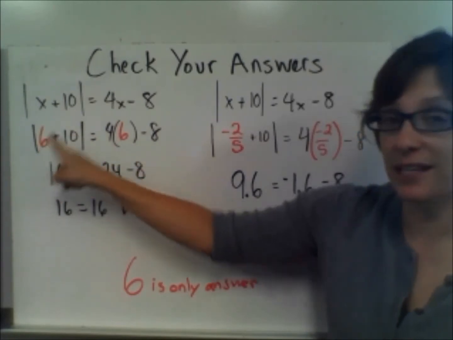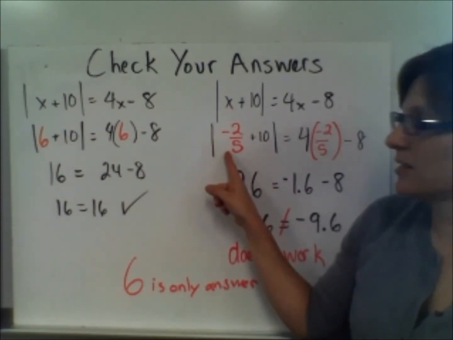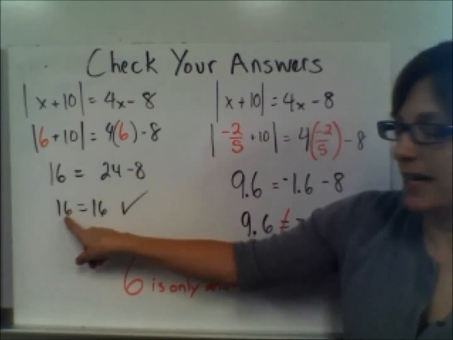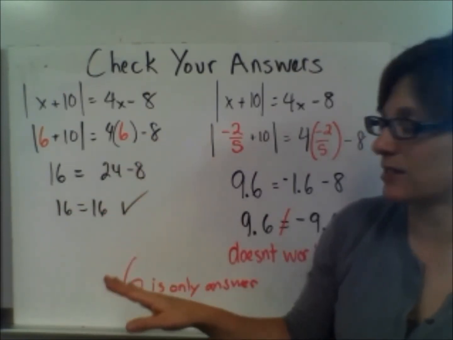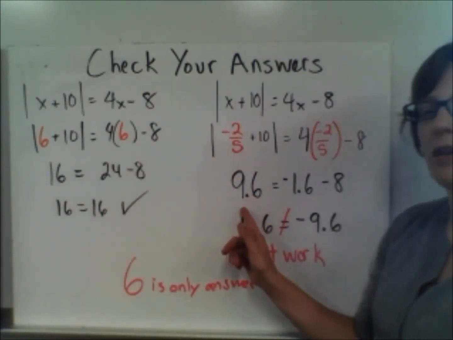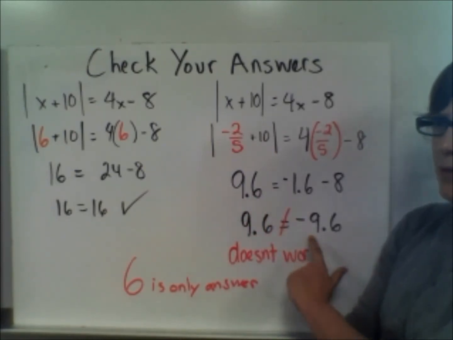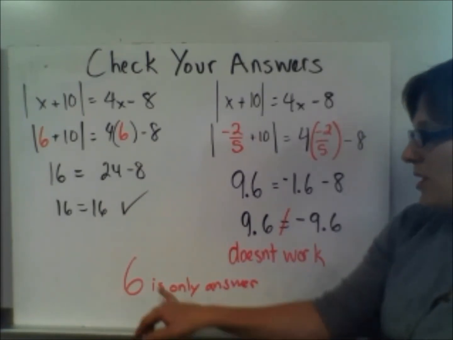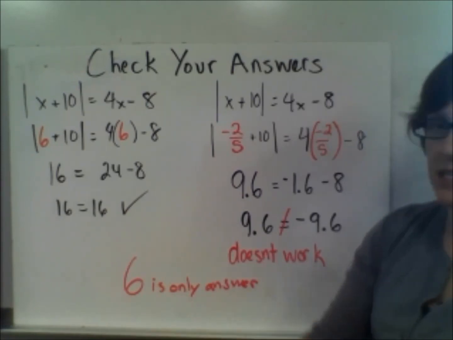I substituted for x 6, and I substituted -2/5. Then I just solved out each problem. Here I got 16 equals 16. It works. 6 is a good answer. Over here I got 9.6 equals -9.6. Well, that doesn't work. So the only answer that I should be using is 6.